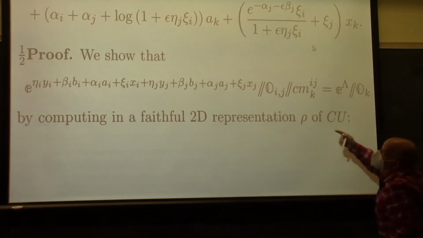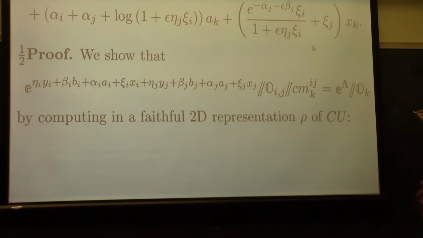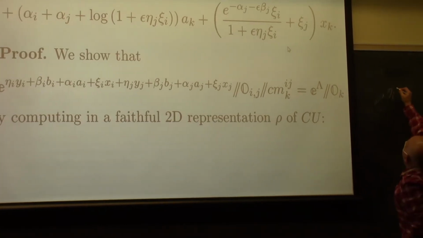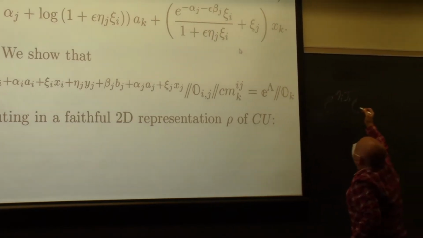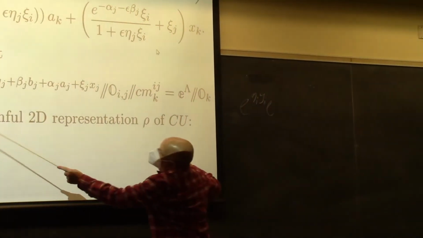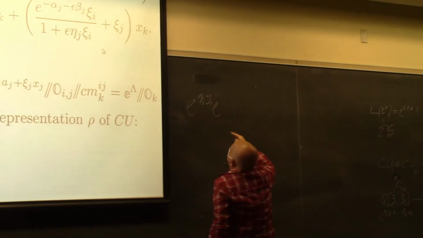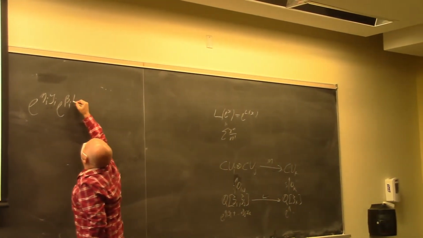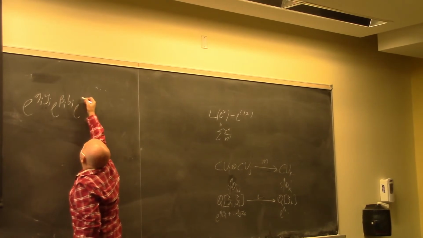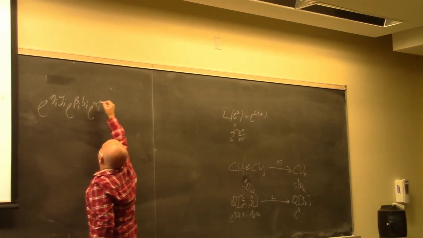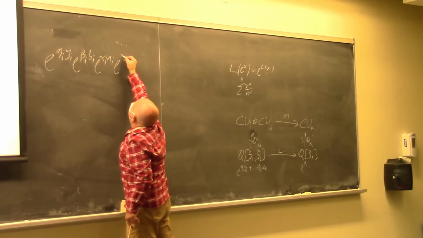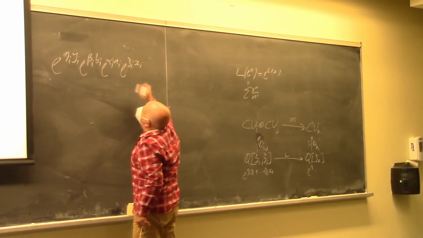So the left-hand side is really e to the eta I yi, e to the beta I bi, e to the alpha I ai, e to the psi I xi.